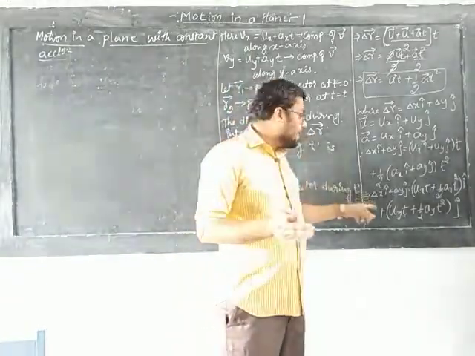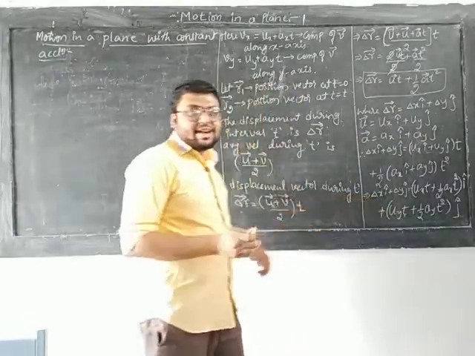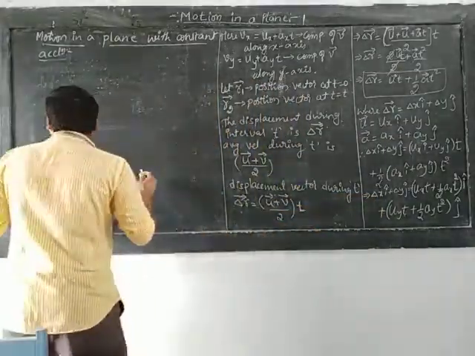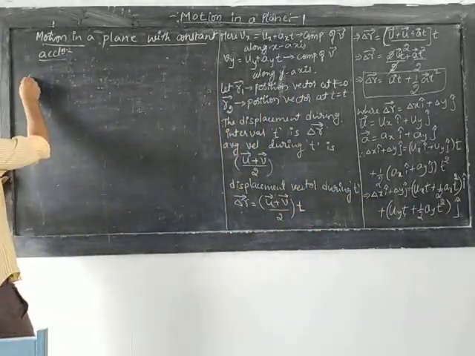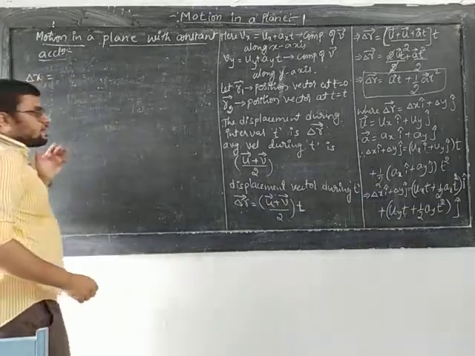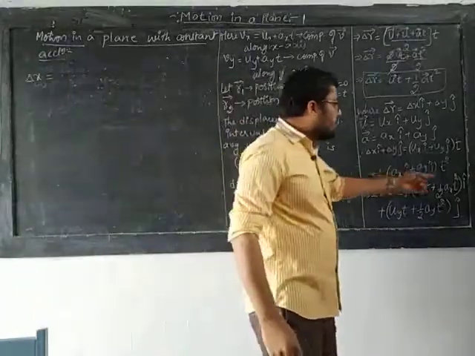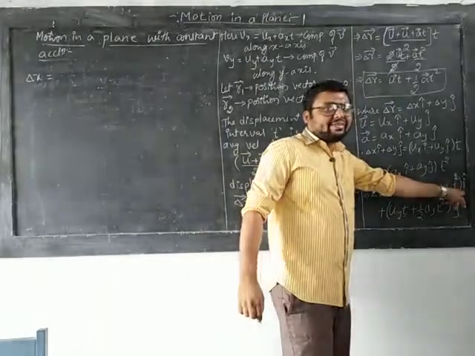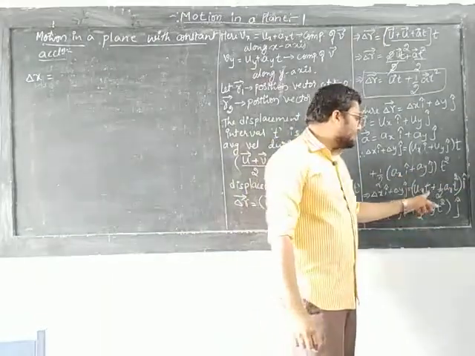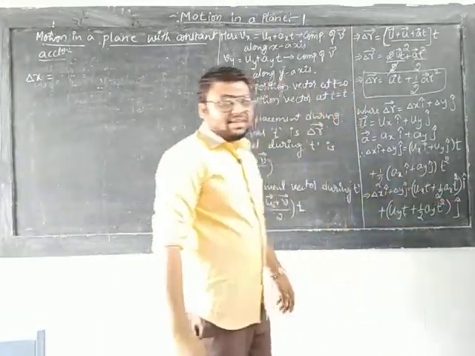In the LHS side, coefficient of I cap is nothing but delta x, which is equal to the coefficients of I cap on RHS, where ux t plus half ax t square.